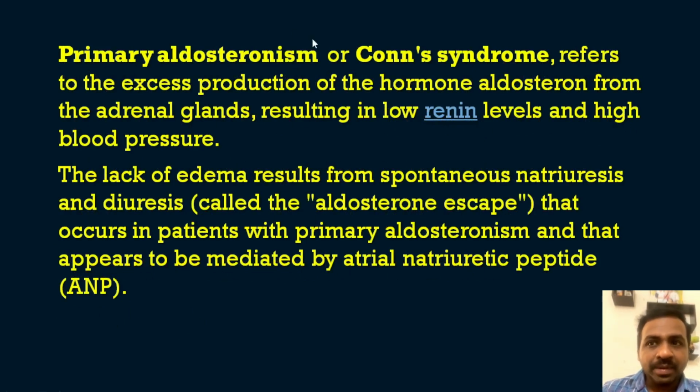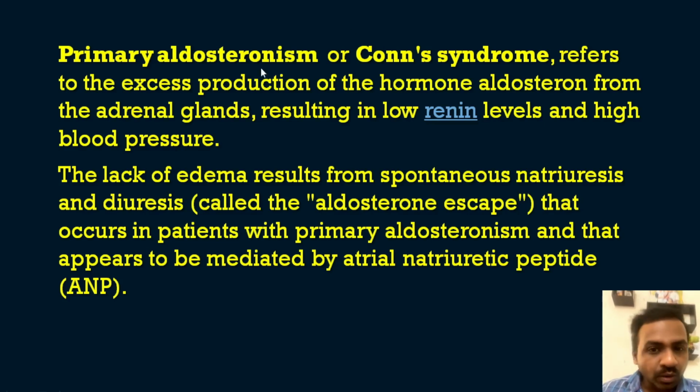So what is primary aldosteronism or Conn syndrome? Primary aldosteronism, otherwise known as Conn syndrome, refers to excess production of the hormone aldosterone from the adrenal glands, which results in low renin levels and high blood pressure. Here you should understand the renin-angiotensin-aldosterone mechanism, which I have explained many times in our older videos.